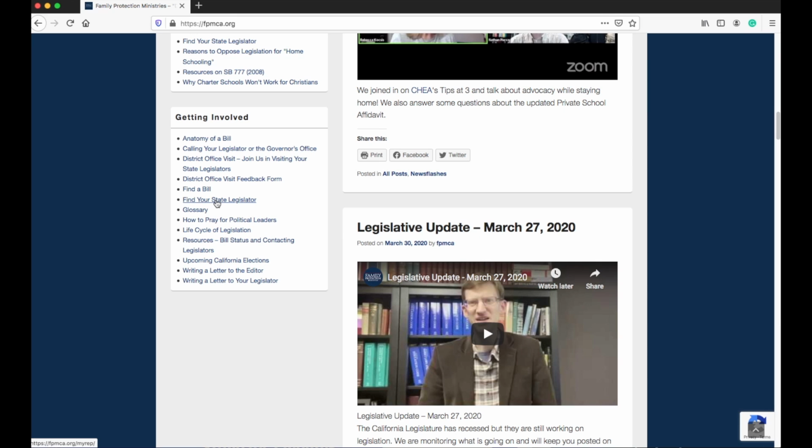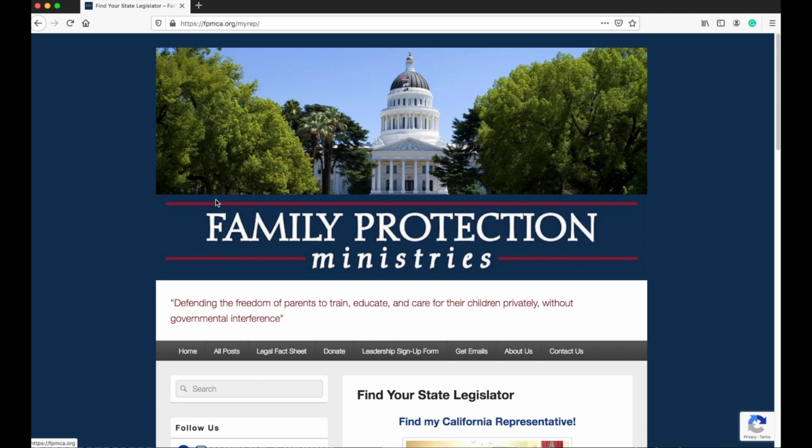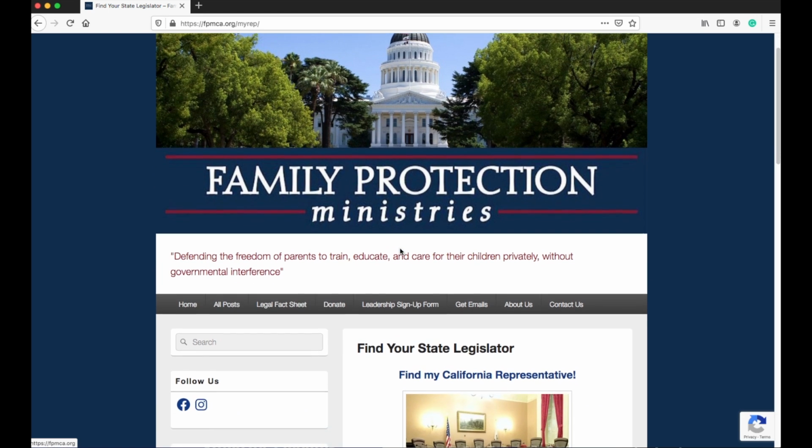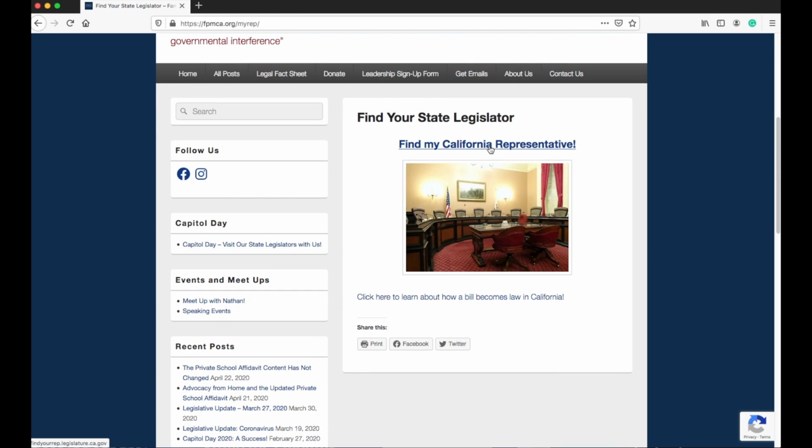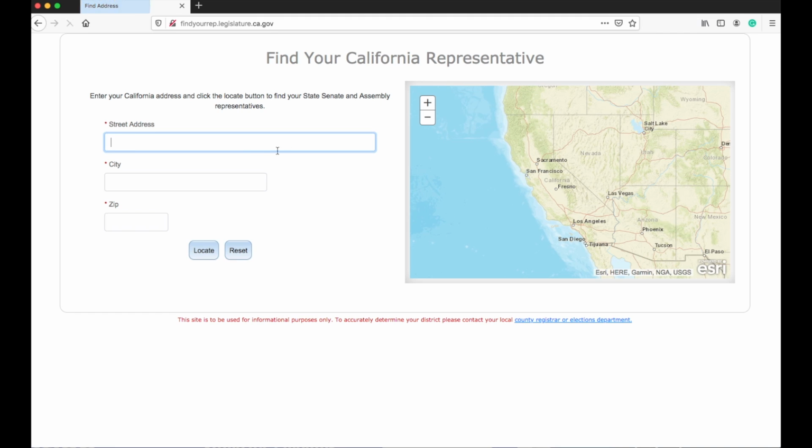And that takes us to a website that is run by the state legislature that helps you find who represents you. So let's click Find My California Representative, and you have this information here about where you live. You put in your street address, because that's how you find out who represents you.